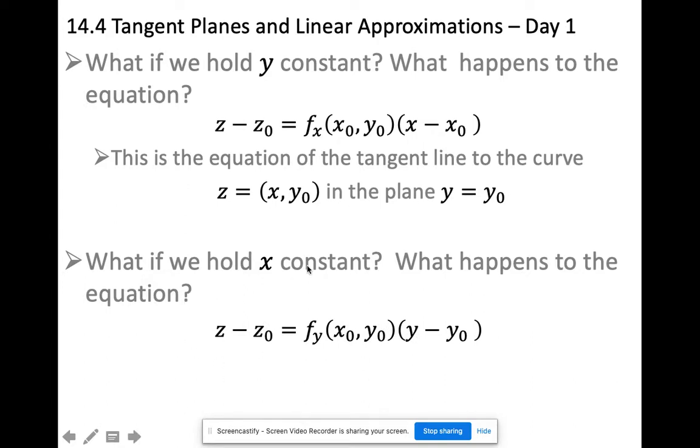Here's if you hold x constant, what happens to the equation? It looks like just your point slope form. Remember, this notation means the partial derivative of y evaluated at x naught, y naught.